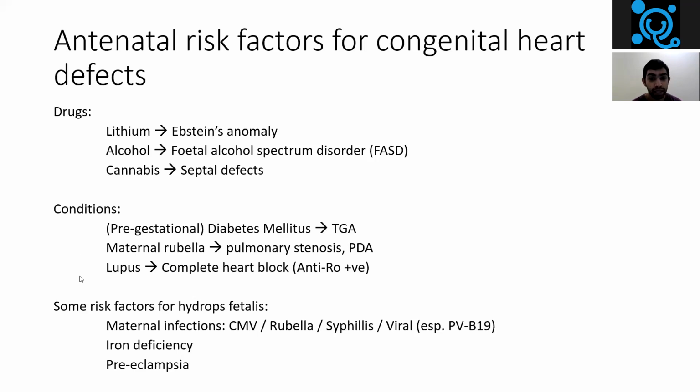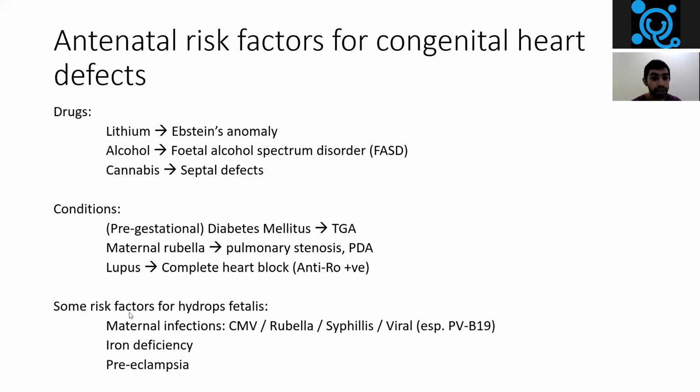Maternal rubella can cause pulmonary stenosis and is associated with patent ductus arteriosus as well. And this is one of the main reasons why we tend to vaccinate both boys and girls against rubella, just to try and minimize the risk of transmission to pregnant women, essentially.